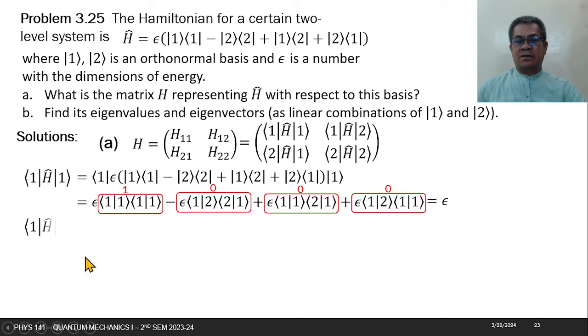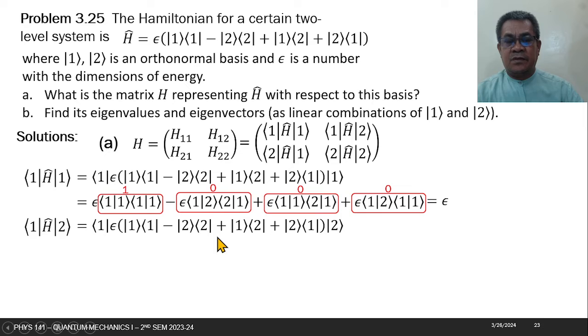Then the next element, let's have this one, 1,2, with the Hamiltonian in between. Again, substitute the Hamiltonian, the same procedure. Substitute everything inside the inner product. Then do the same: this one should be multiplied inside the Hamiltonian with the state 2 in its term, and epsilon should also be multiplied in its term inside.